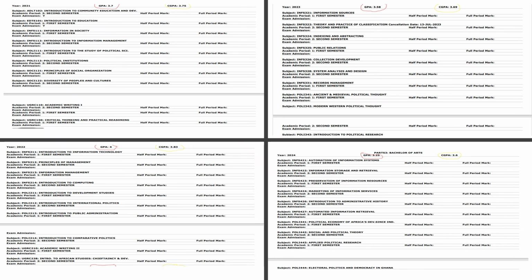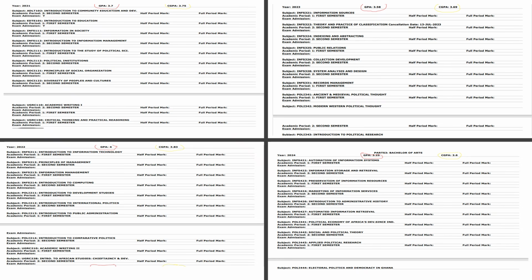Then level 300, she had a GPA of 3.58, times 2 over 6, which is equal to 1.19. As I said, level 300 and 400 carry a weight of 2, not 1. So it is 3.58 times 2 over 6, which is equal to 1.19.